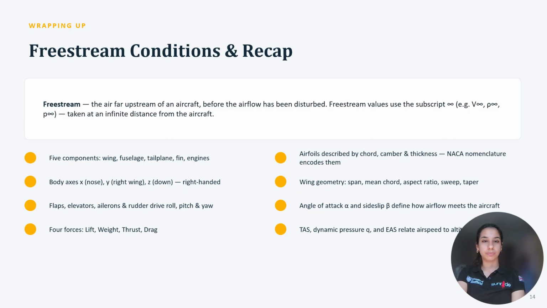And now we have a recap here. Free stream: we've talked about free stream a lot. It's the air far upstream of an aircraft, before the airflow has been disturbed. So we've got the airfoil, before it hits the airfoil and the flow is distributed up and down.